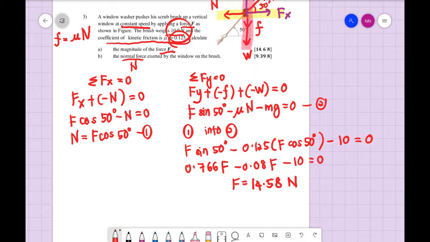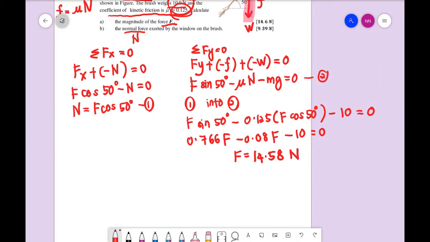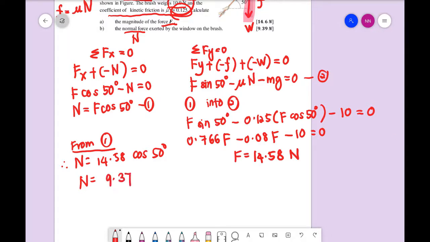And then for the value of N, we can determine it from equation 1. So N equals F cos 50 degrees from equation 1. 14.58 cos 50 degrees, so N equals 9.37 Newton.